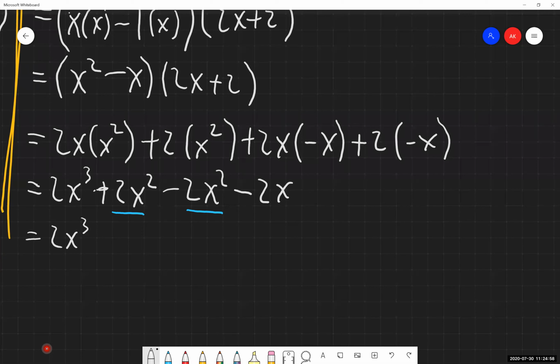Those things cancel each other out. And I'm just left with a minus 2x at the very end. I cannot combine any like terms anymore here. So we have our final answer of 2x cubed minus 2x. And I can't do anything else from there.